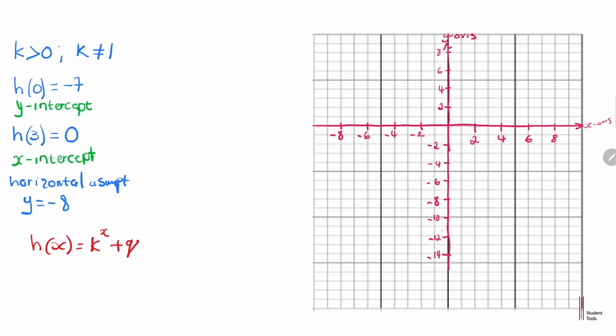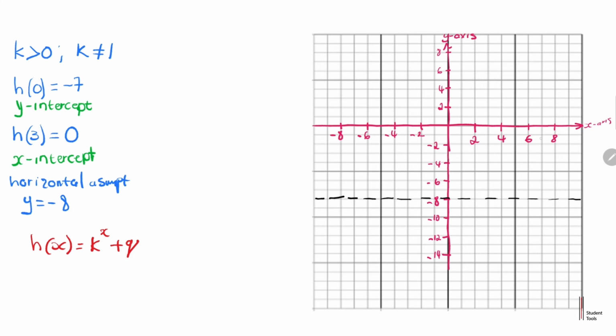At y equal to negative 8 we have our horizontal asymptote. Let us draw it. You will use a ruler because you want your graph to be neat.